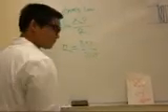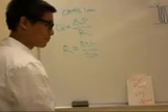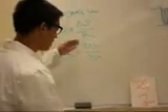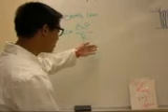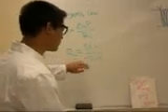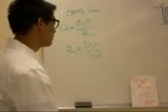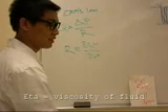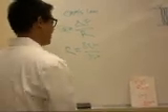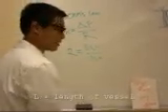Do you get it? Okay, you don't get it. Resistance is 8 times eta times L divided by pi times R to the 4th. Eta stands for viscosity. L stands for length.